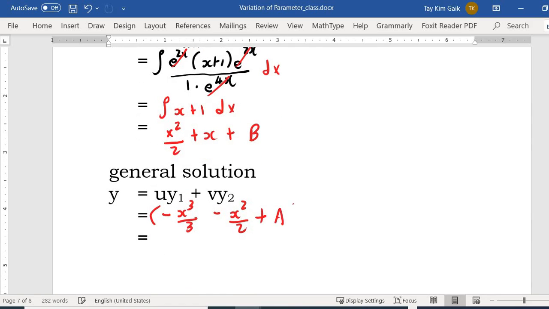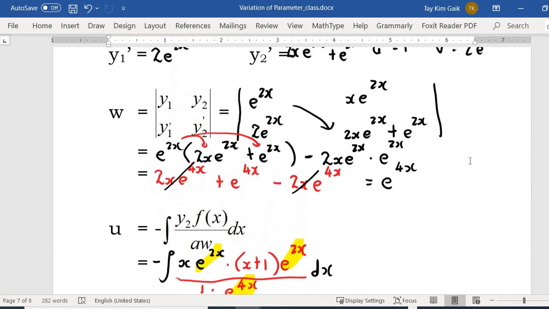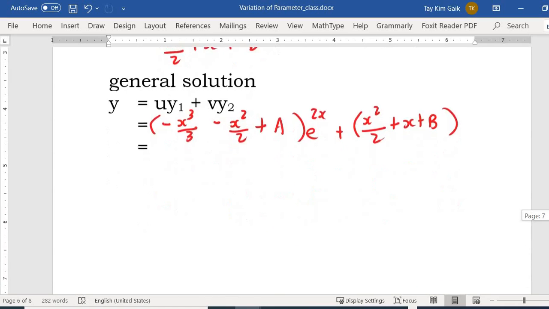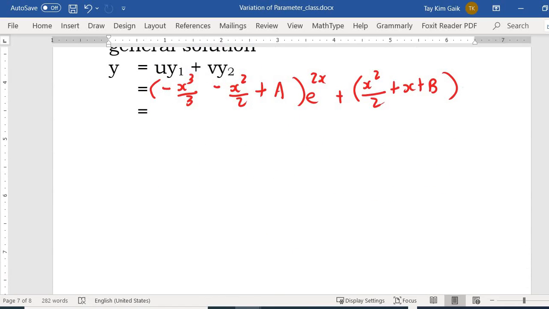Okay, y1 should be here; y1 is exponent 2x. The v is here: x squared over 2 plus x plus b. And y2 is x exponent 2x.